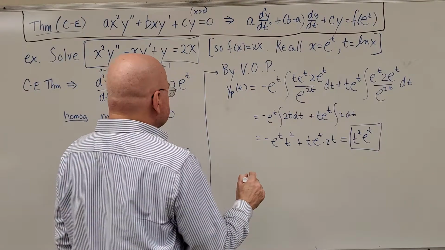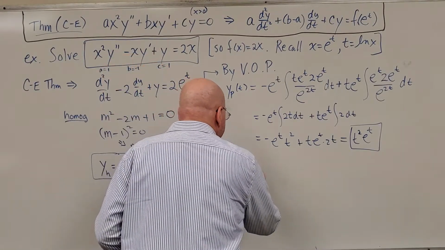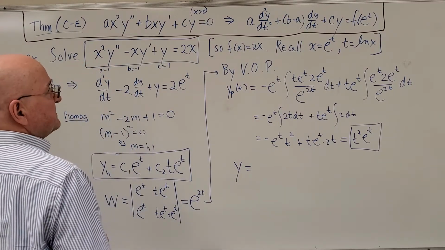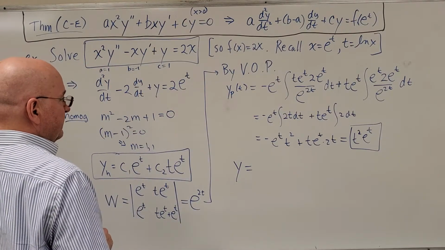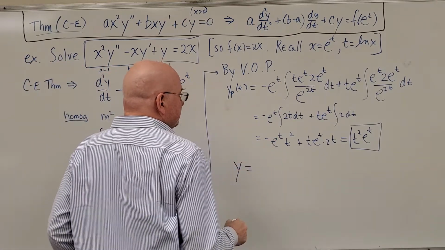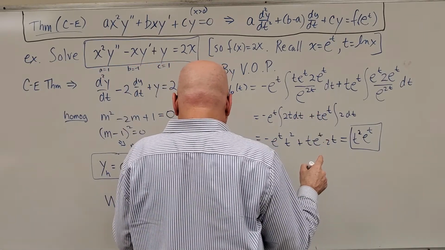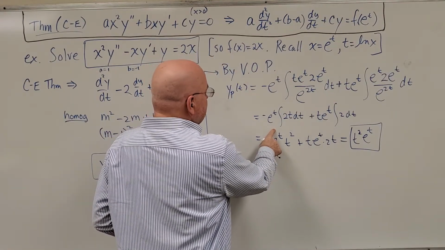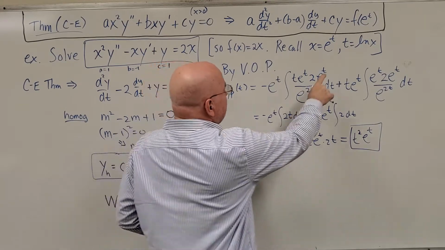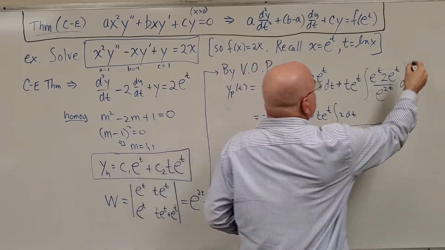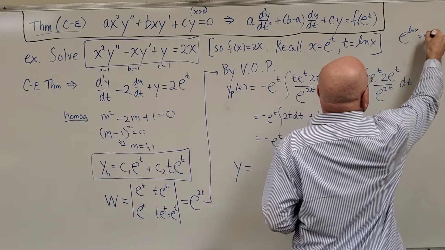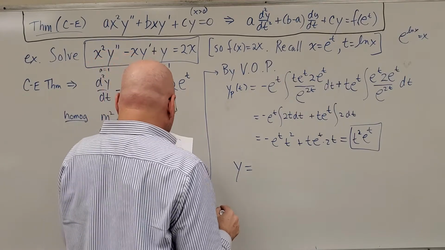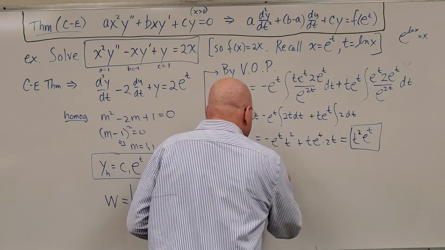I'm running out of room, so let's go for the final answer. y is equal to, let's see, x is e to the t, t is ln x, so notice what we're going to get here. e to the t is e to the ln x, and remember that e to the ln x is equal to x, so we're going to use that throughout this substitution. So we've got c1 x.